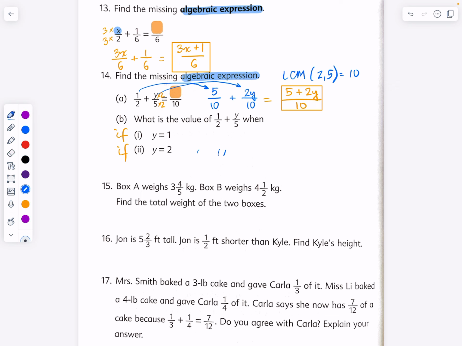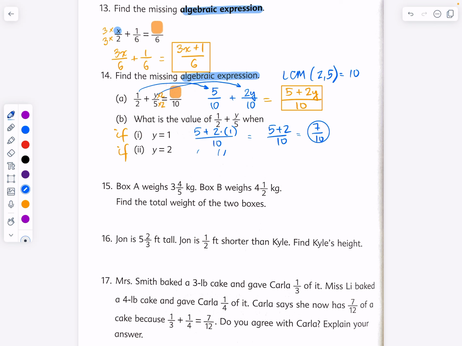So we would rewrite the expression as 5 plus 2 times 1 over 10. And the answer is 5 plus 2 over 10 equals 7 tenths. That's the answer to the above expression if y equals 1.